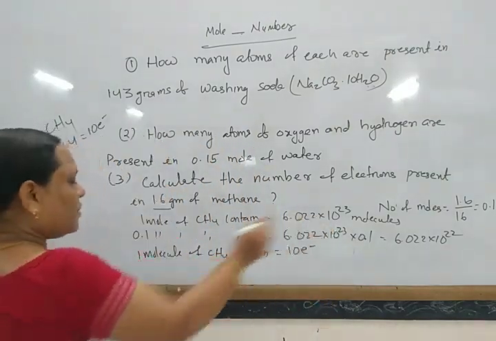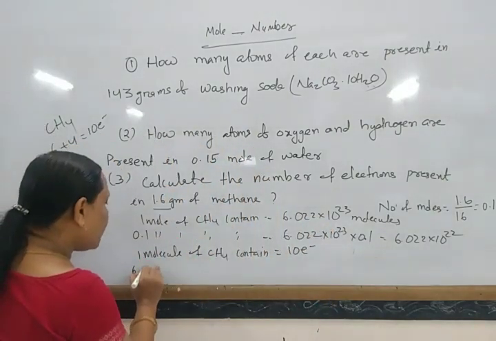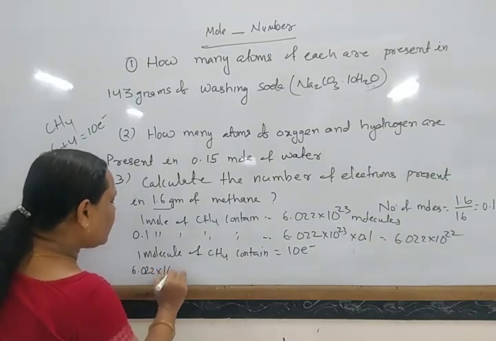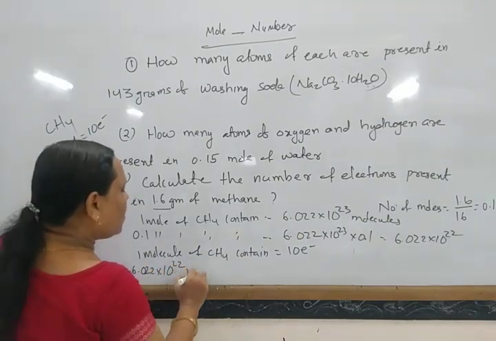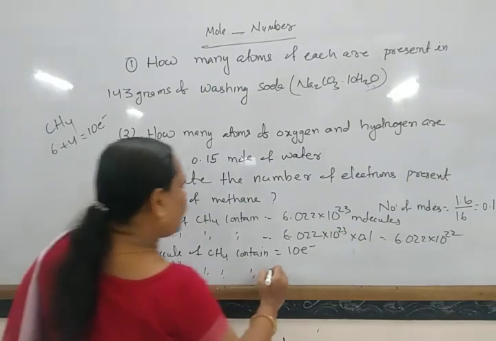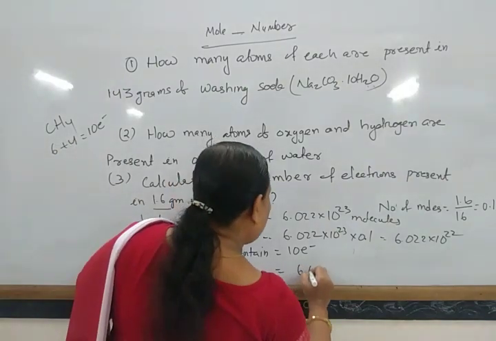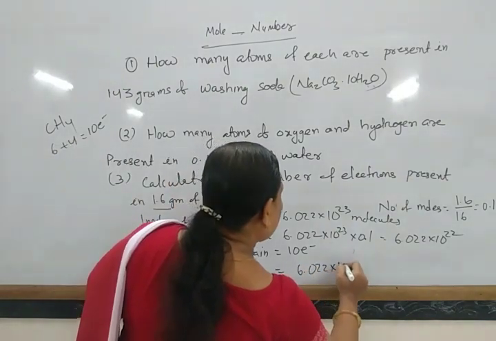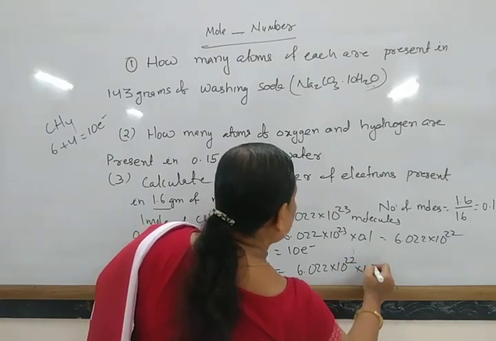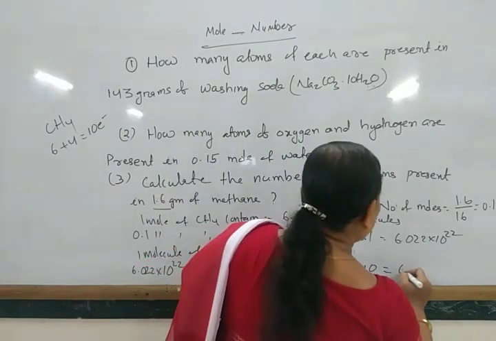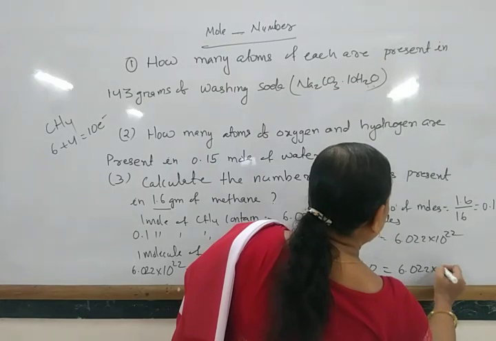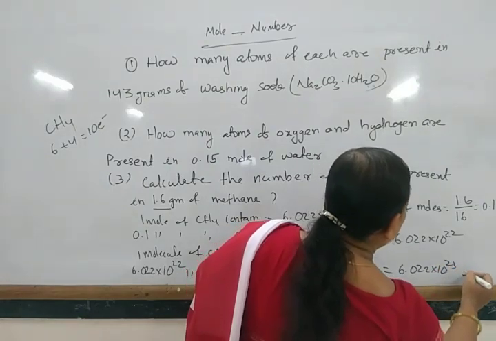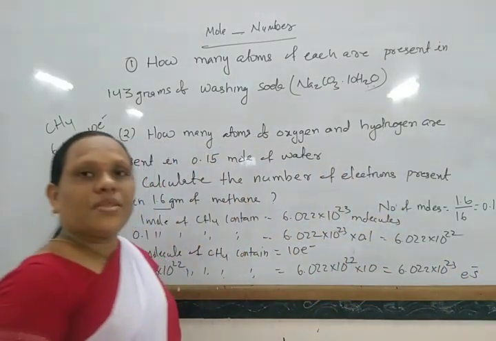Then 6.022 × 10^22 molecules of methane contain 6.022 × 10^22 into 10, that is 6.022 × 10^23 electrons.